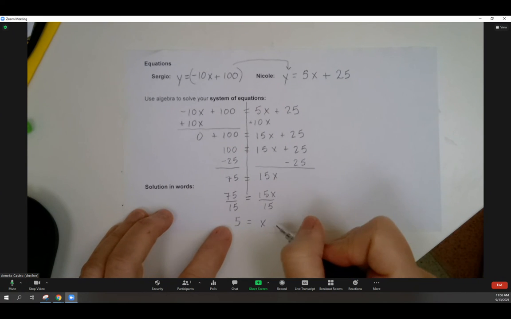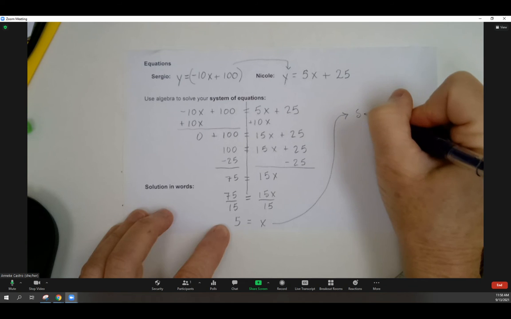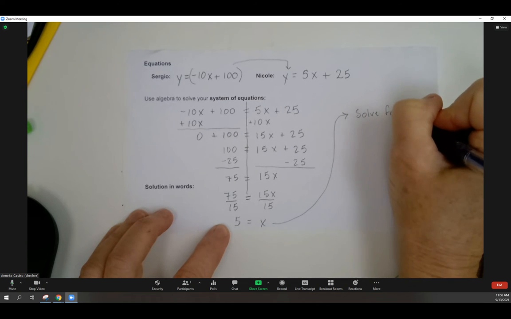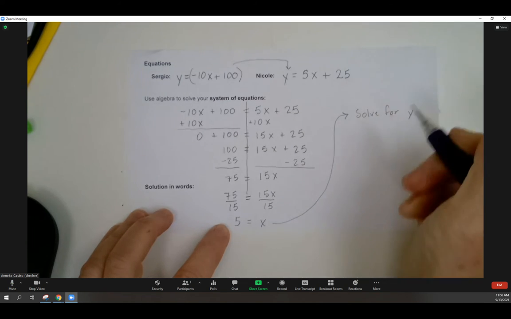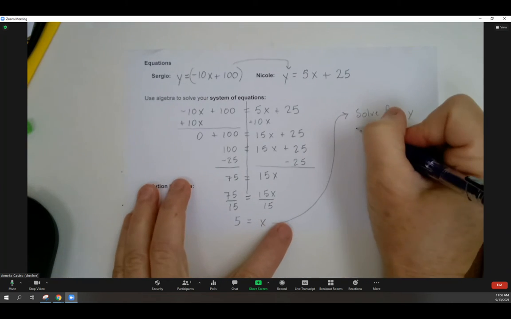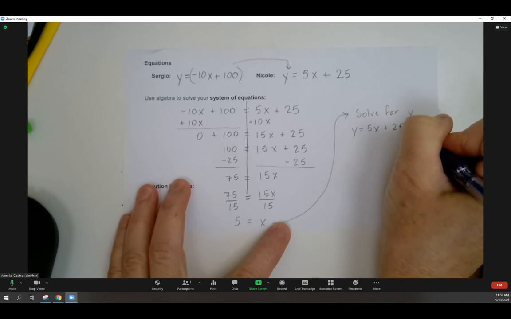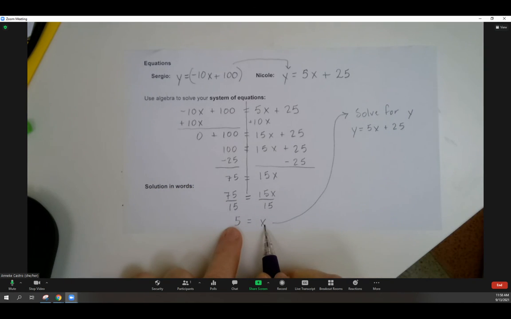Okay, now when we're doing the algebra, we also have to solve for y. So I can take either one of these equations. I'll go ahead and take Nicole's because it doesn't have negatives. And I'm going to substitute in my number for x. So I said x was 5.